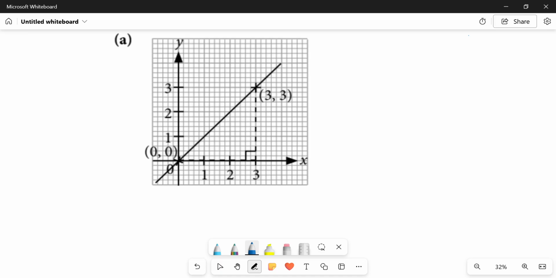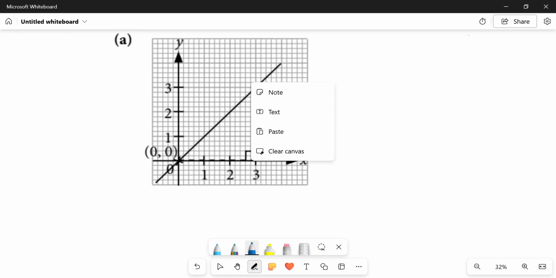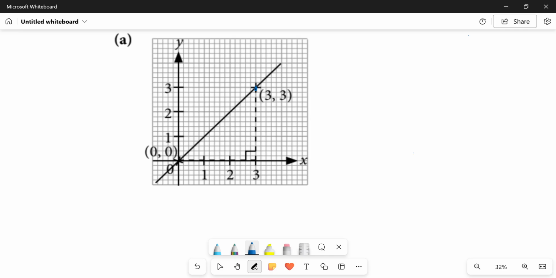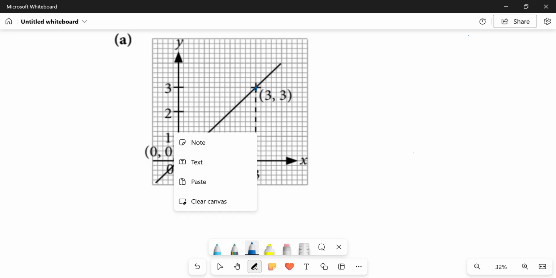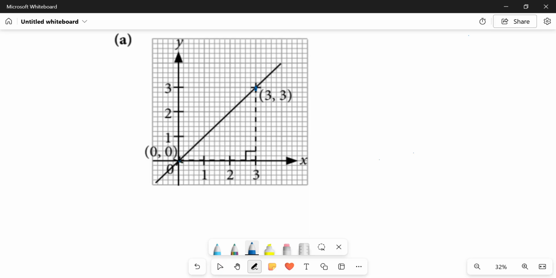So first of all, we need to find 2 points in such a way that they make a perpendicular angle, a 90-degree angle here. So we have found one point here, right? And another point here. We have found these 2 points to make an angle.